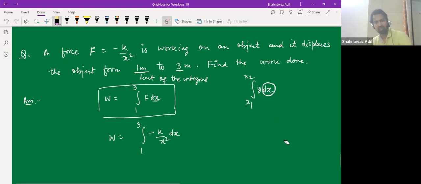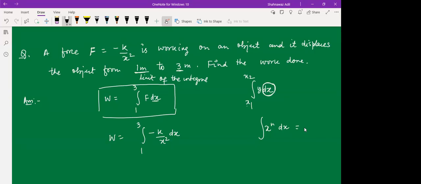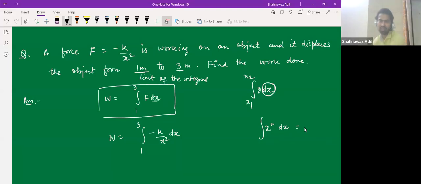Okay, so you guys remember the integral?